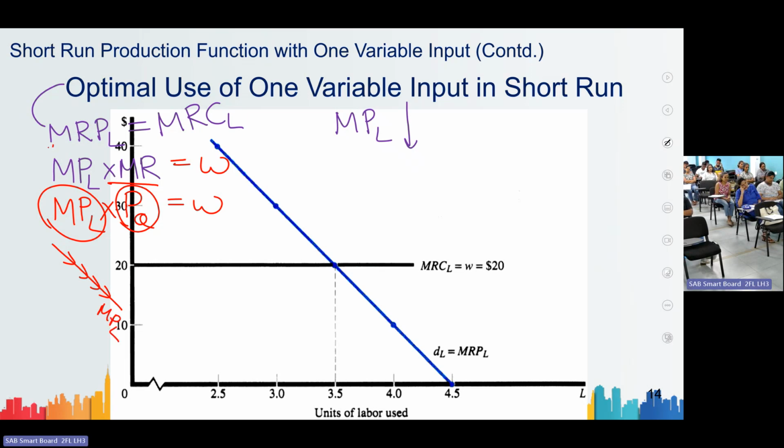The marginal revenue product of labor curve will be here, after multiplying MPL by price of output. That is why we have a downward sloping marginal revenue product curve.